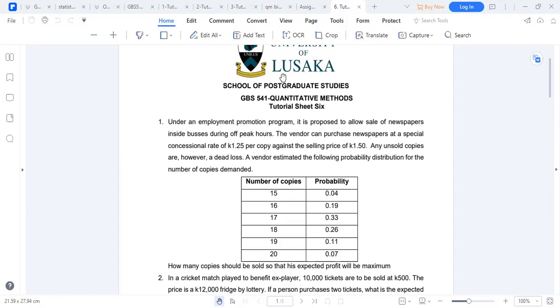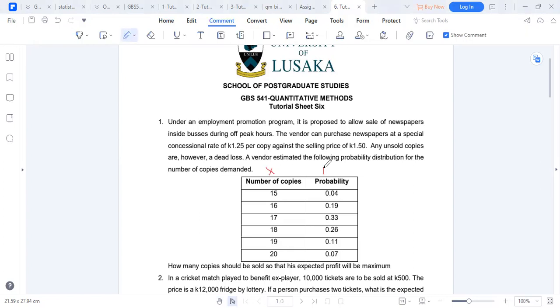So in this case, we're going to calculate not only the number of copies, but also the expected profit. This is called a random variable. Firstly, we're going to identify that the number of copies will be denoted by the letter X, and our probability P(x).